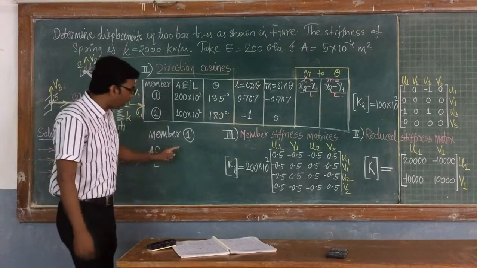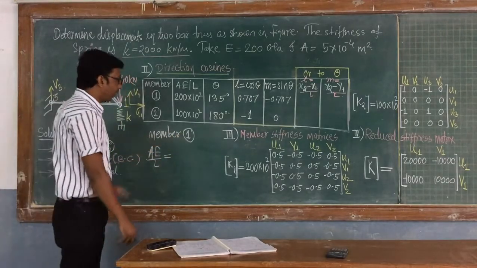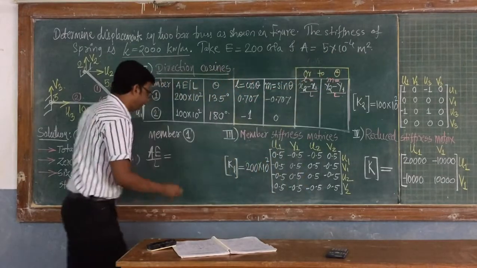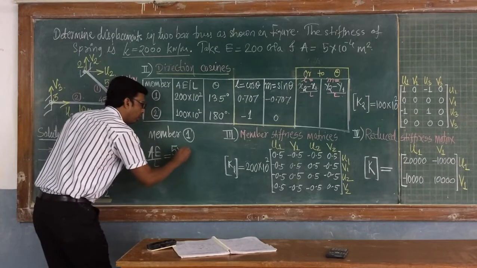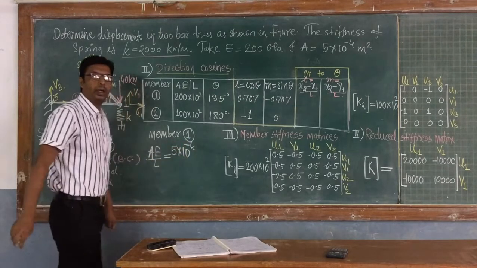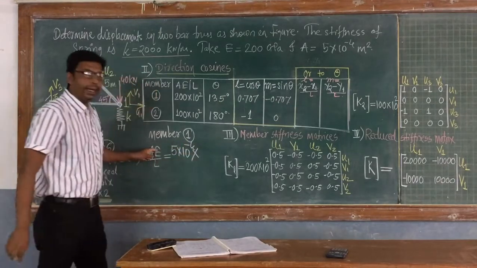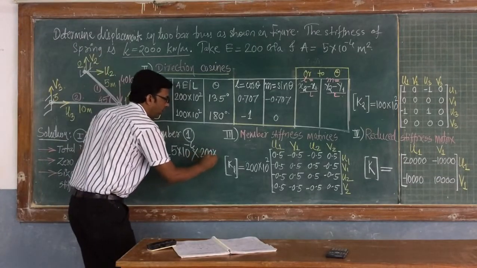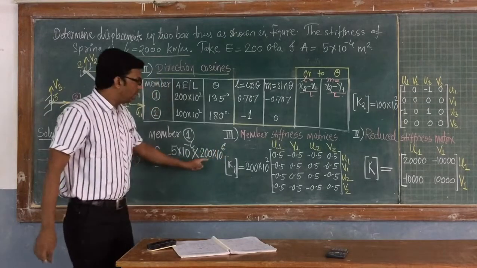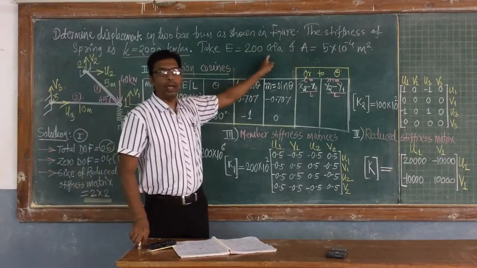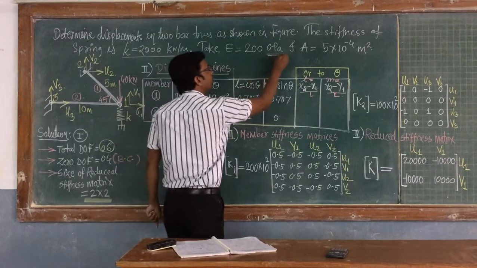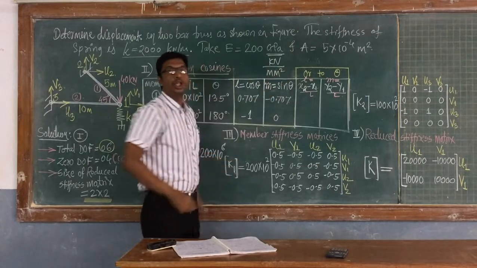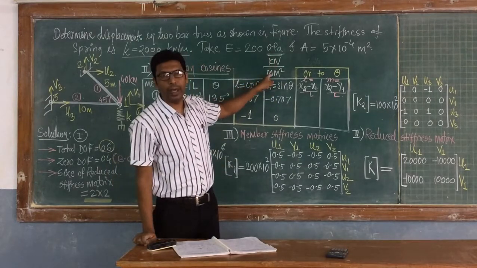So A by L for member 1 is equal to area 5 into 10 raised to minus 4 into E. E is 200 GPa, given. GPa means kilonewton per mm square.